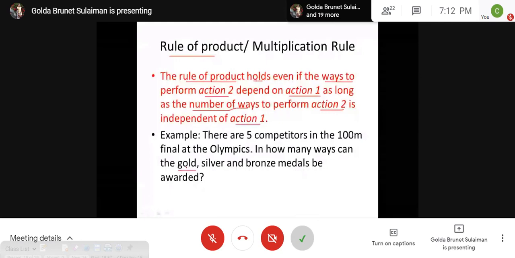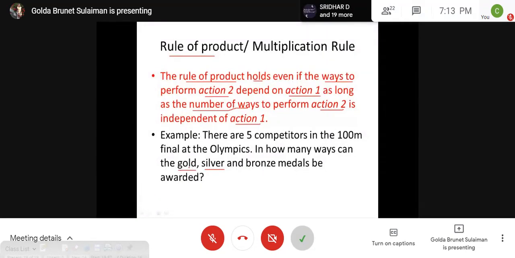This is independent. Among the 5, any one can be the winner. So we have 5 different ways of awarding.